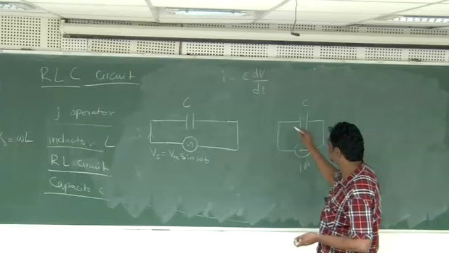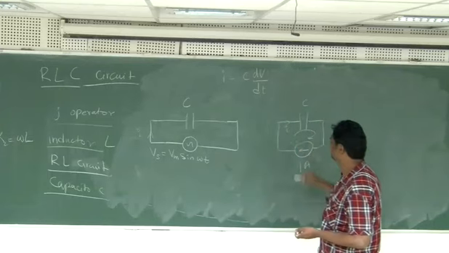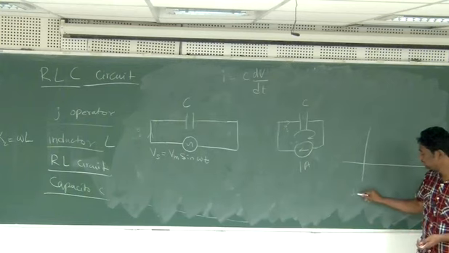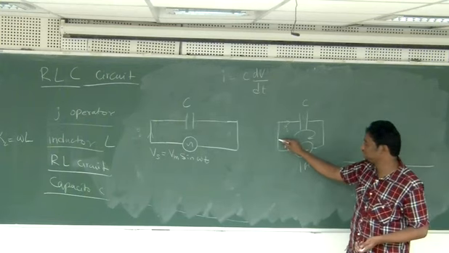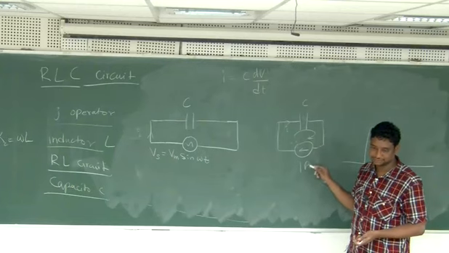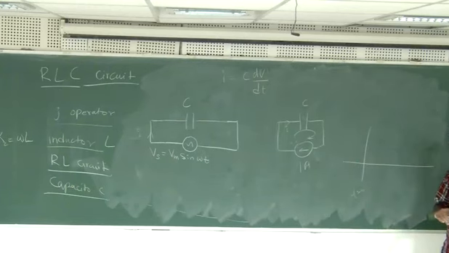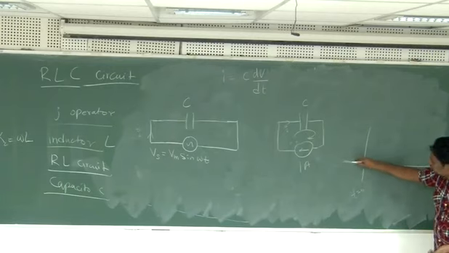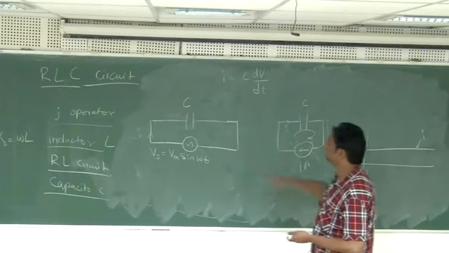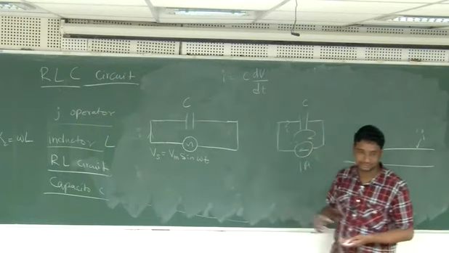At t equal to 0, I close the switch and send 1 ampere current. The current is like this. What happens to the voltage? This is I, and I am asking what is V.